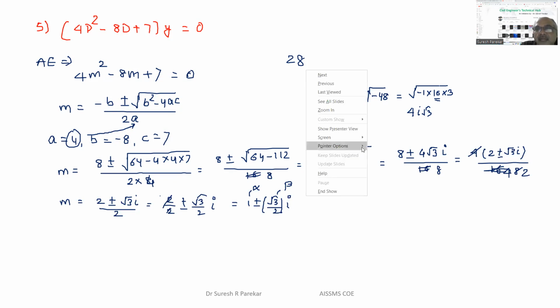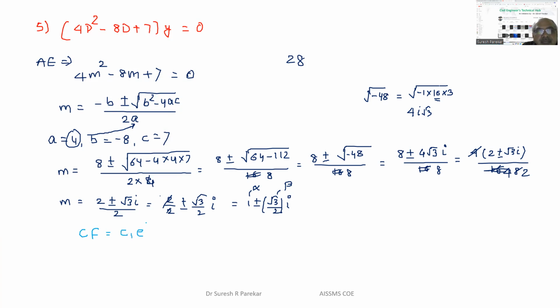Now if we write the complementary function for this, we have e raised to alpha x into (C1 cos beta x plus C2 sine beta x).